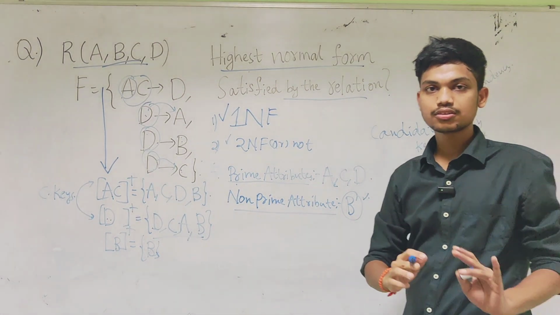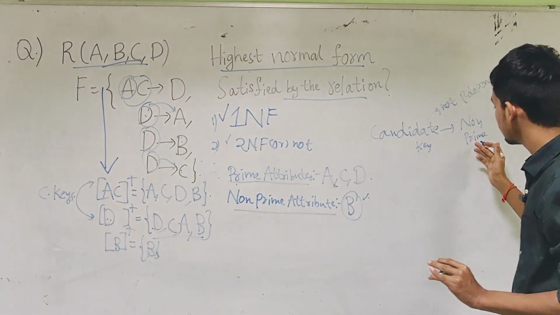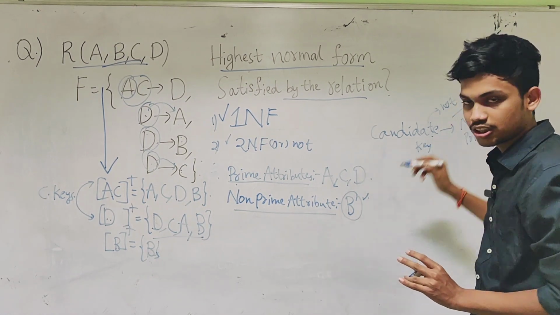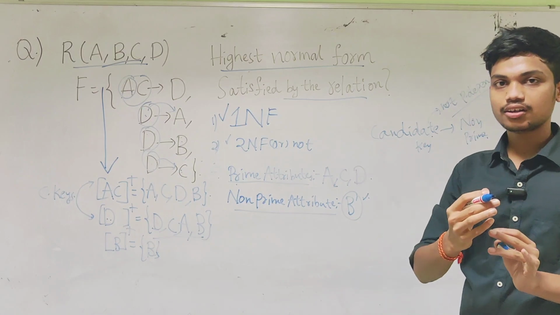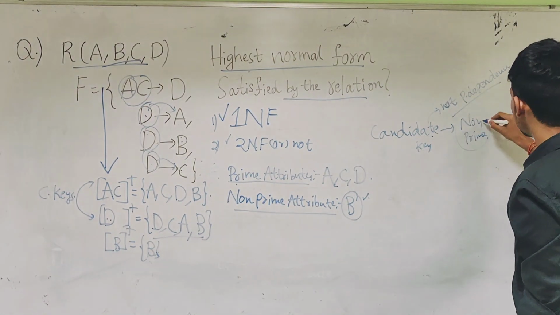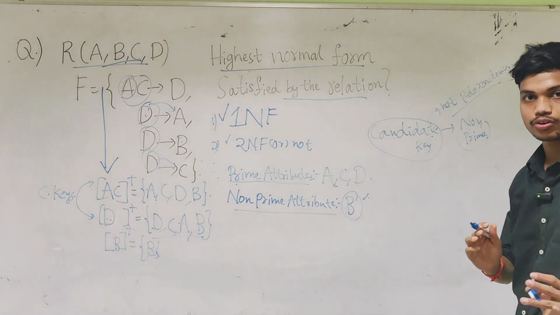Partial dependency means a non-prime attribute is derived by a part of a candidate key. If the prime attribute is itself a candidate key, then it is not a partial dependency, because the non-prime attribute is completely dependent on a candidate key. It is not depending partially on an attribute.